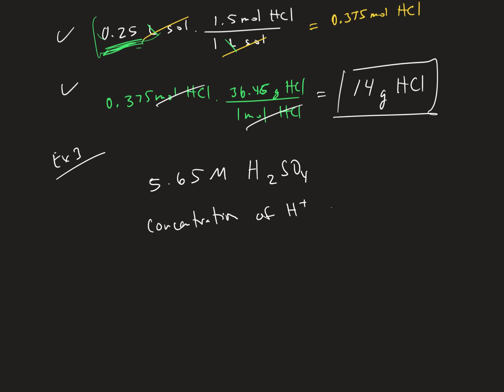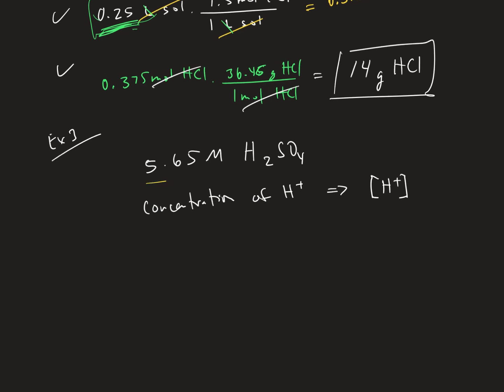A lot of times we just say that's bracket H plus. This means concentration of H plus. Okay? So we want to find the concentration in molarity of H plus. Some of you guys can probably just look at this and say what it is. But let's go through this.